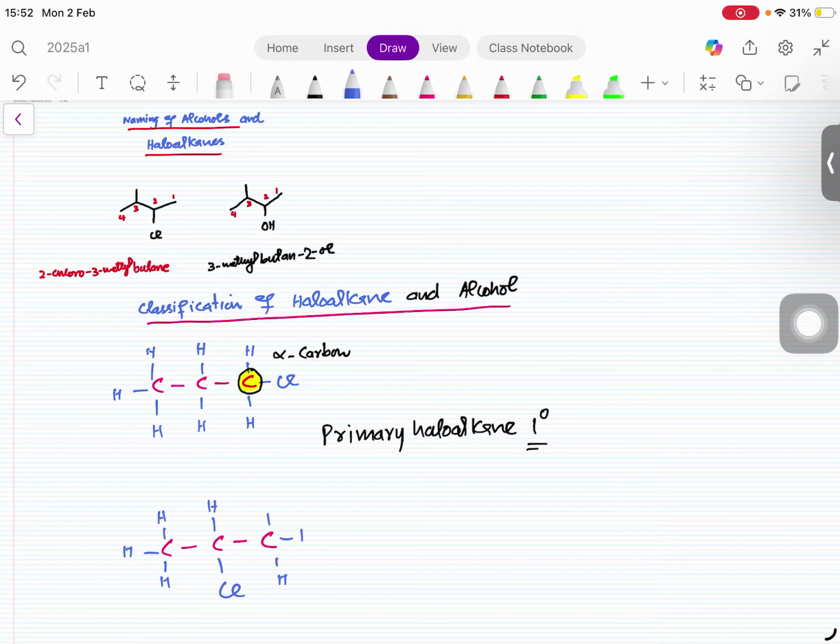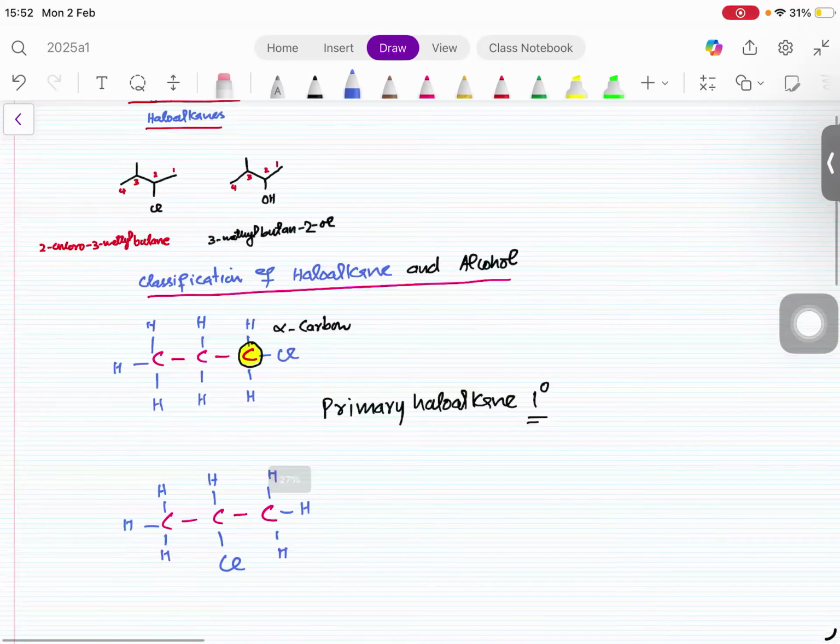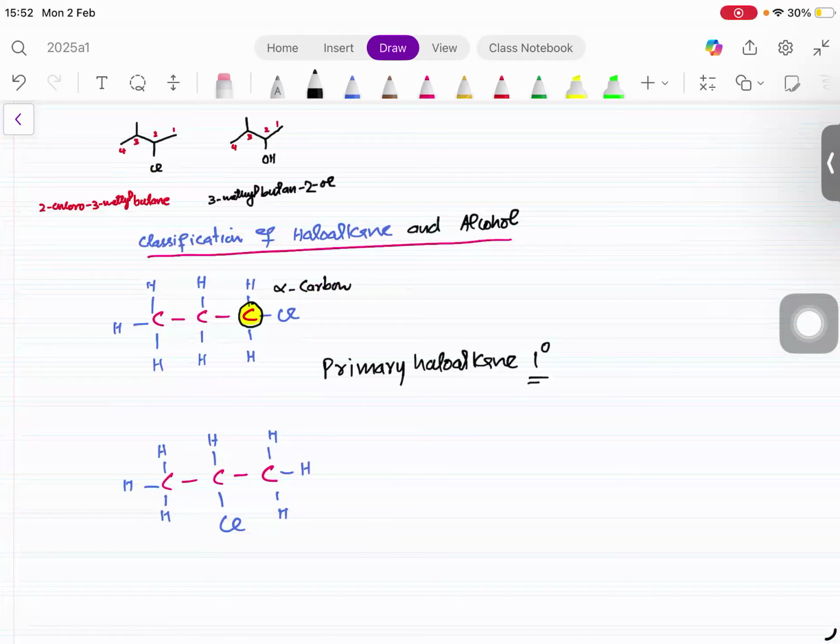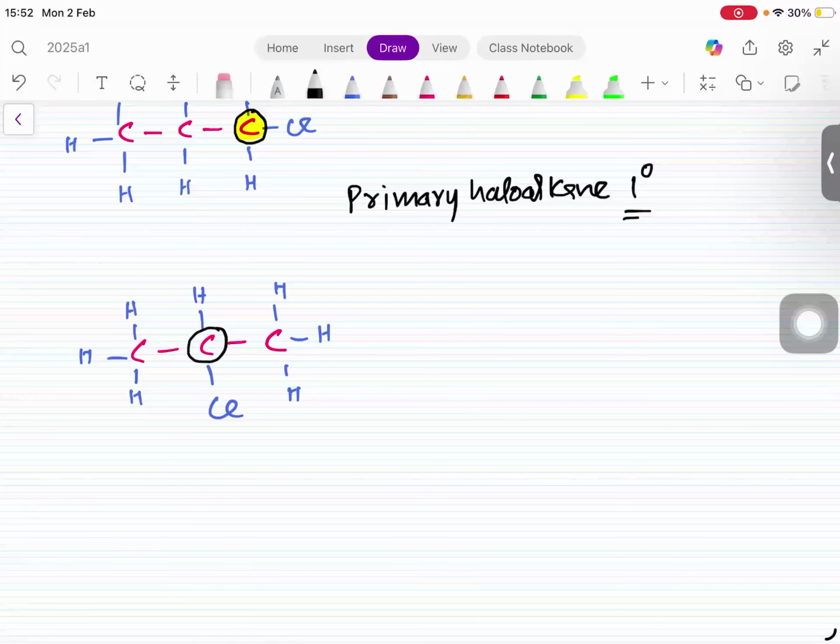This is the alpha carbon now. How many hydrogens are attached with the alpha carbon? 1, or how many carbons directly attached? 2. So if there is 1 hydrogen or 2 carbons, you call it secondary haloalkane.